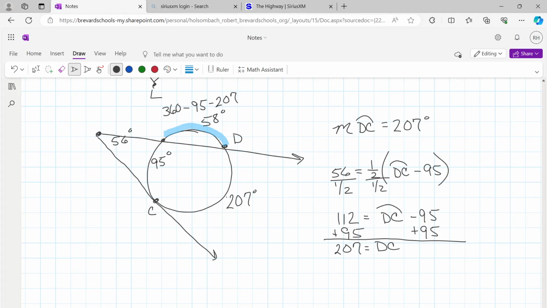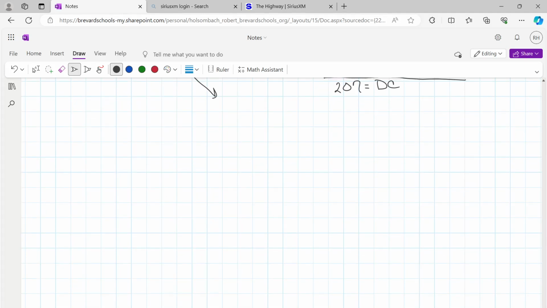All right, so your practice is going to start on page 745. Three through 6.